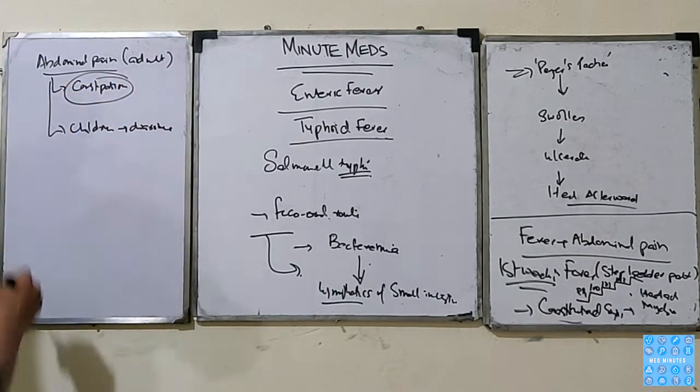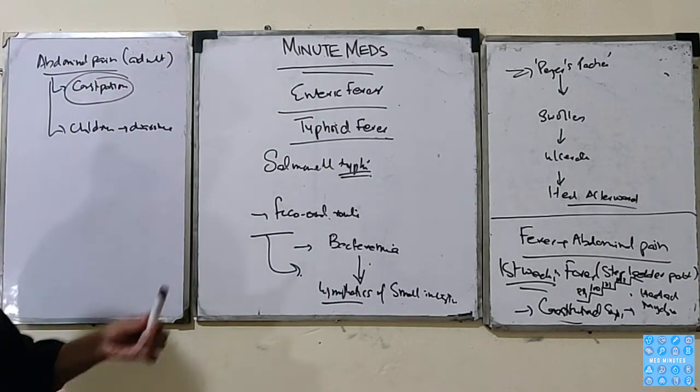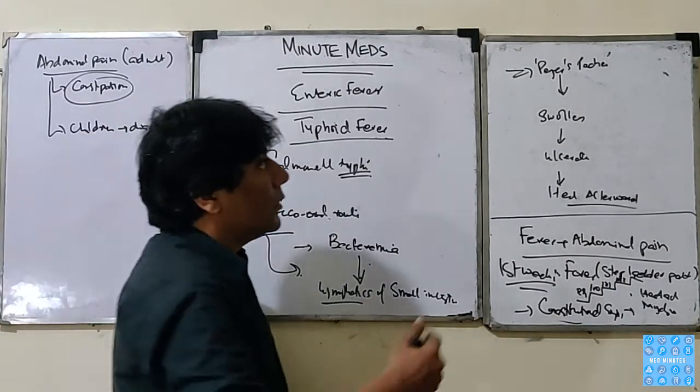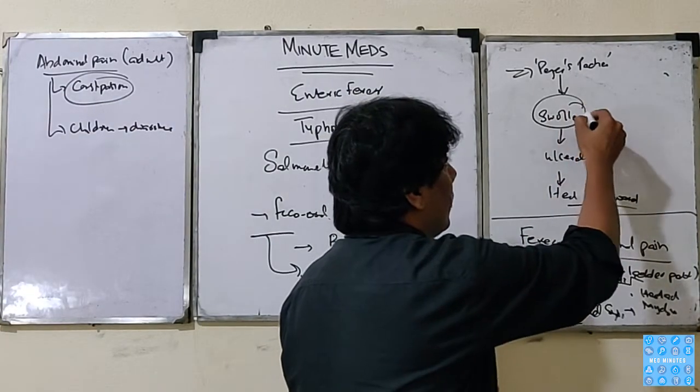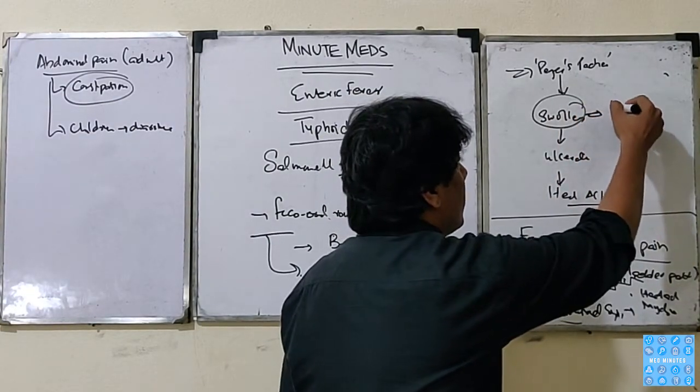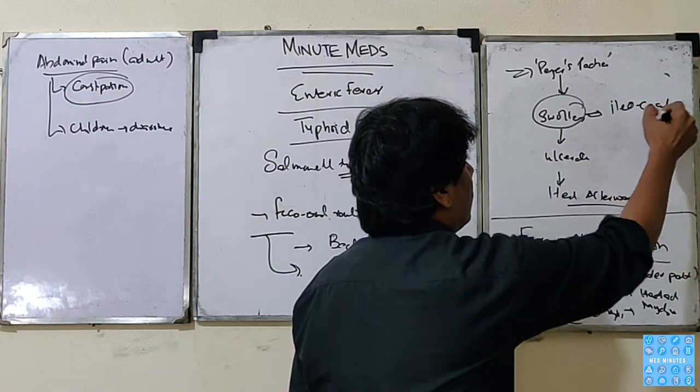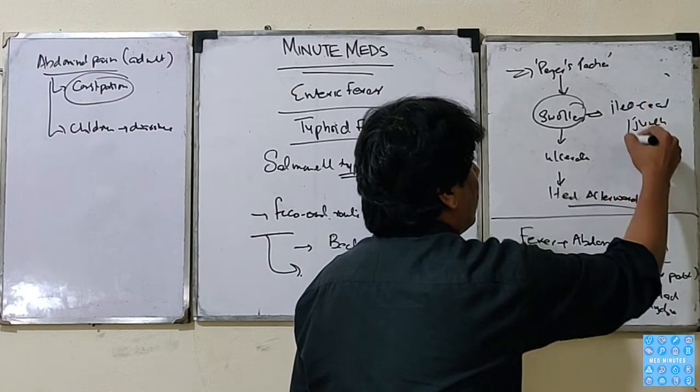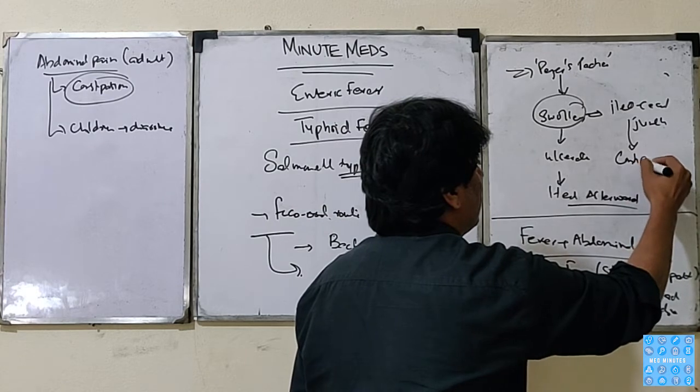Now, why does constipation occur in adults? Because, as we have said, the Peyer's patches get swollen. So when they get swollen in the area of the ileocecal junction, that leads to constipation.